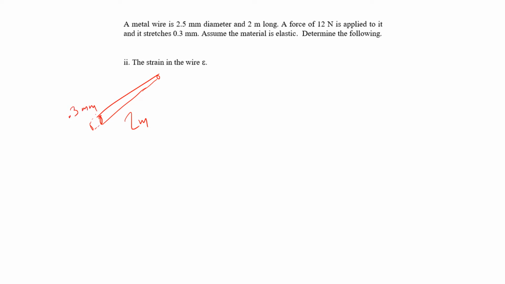This time we don't care about the diameter because we only care about stuff that's going in the normal direction here. It's only got normal strain, and we don't care about the force. We'll put them together tomorrow. So what we're looking at here is to calculate the strain. It's going to be delta L over L.